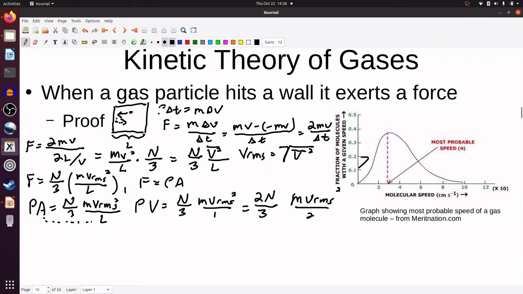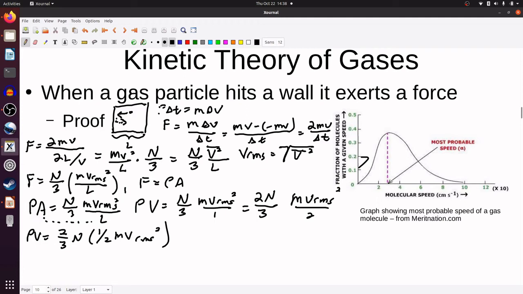Then this is still PV, by the way. This is going to be 2/3 n, and then times 1/2 mVRMS squared. Look familiar?